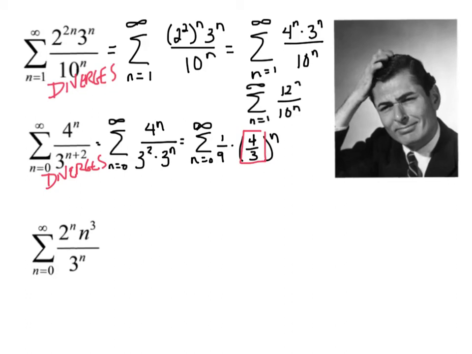Now this last one, 2 to the n multiplied by n cubed over 3 to the n, for me, especially once we start mixing, you notice up here everything was exponential, so we really could treat them as either a root test, where we say, oh, what's being raised to the nth power is less than 1 or greater than 1. But once we start mixing powers with polynomials or powers with factorials, then I might think ratio test.